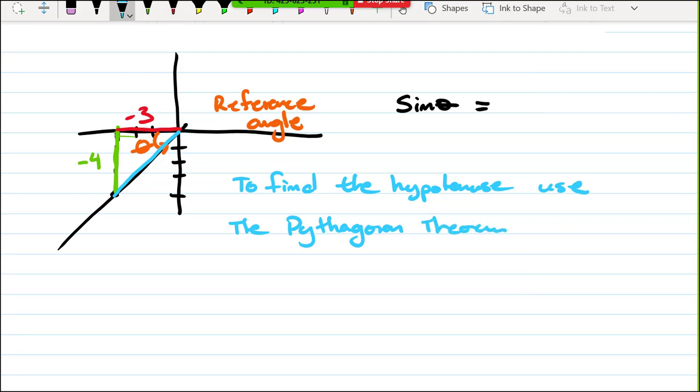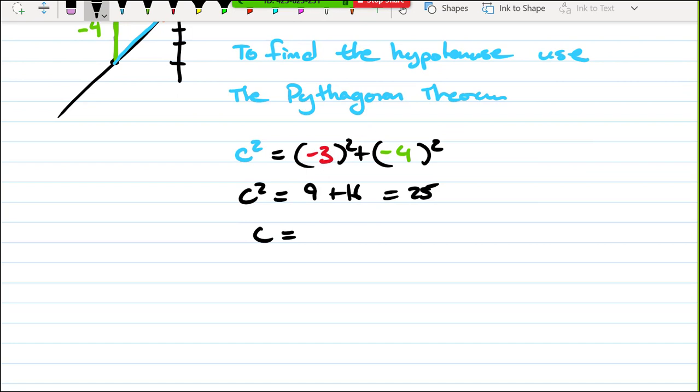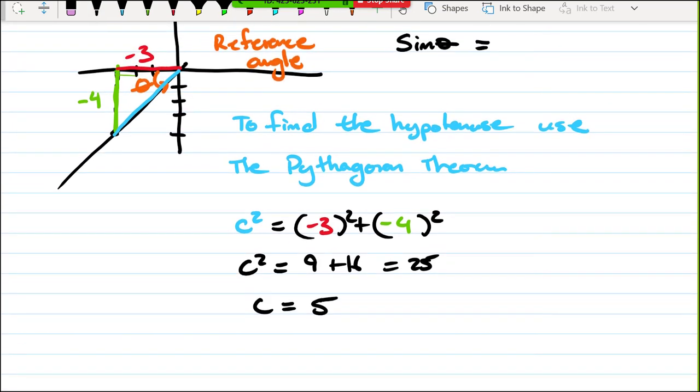That gives us c squared is equal to a squared plus b squared. So c squared is equal to -3 squared, which is +9, plus -4 squared, which is +16, and 9 plus 16 is 25, and the square root of 25 is 5. So the hypotenuse would be 5.